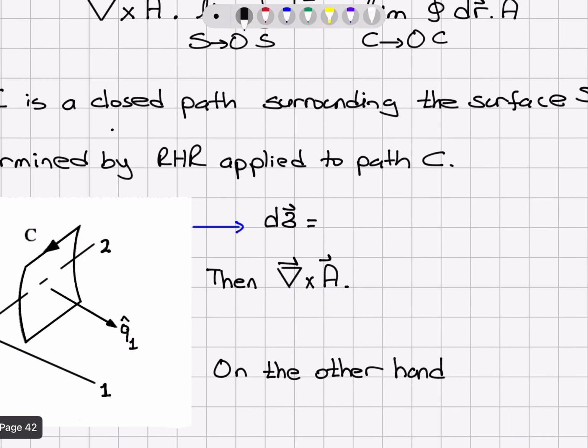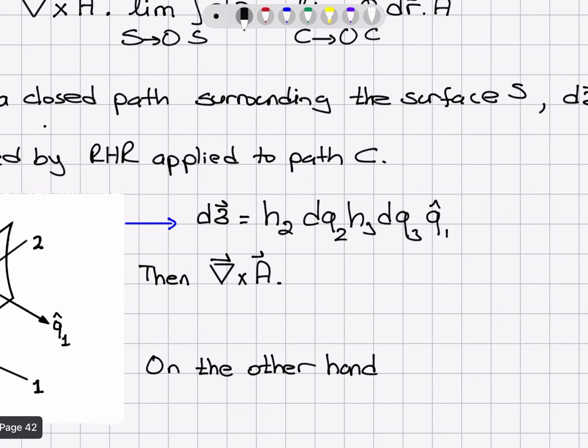So this d sigma vector for this path is H2 dQ2 H3 dQ3 in Q1 hat direction.